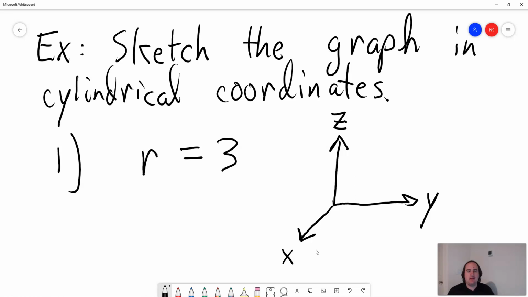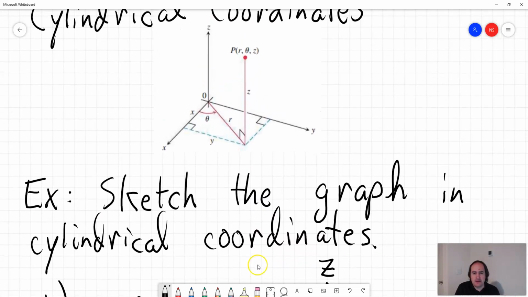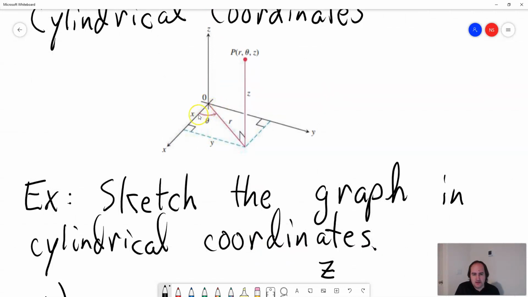Okay, and then because the radius r equals 3, going back up to this picture, we can see that we're measuring a radius of 3, so that's going to actually give us a circle on the xy plane.